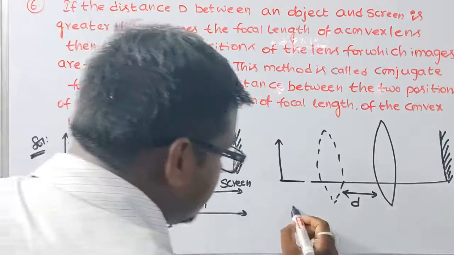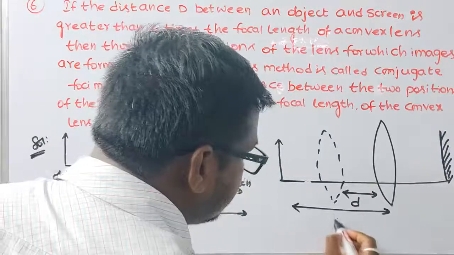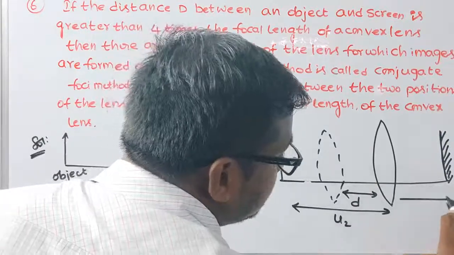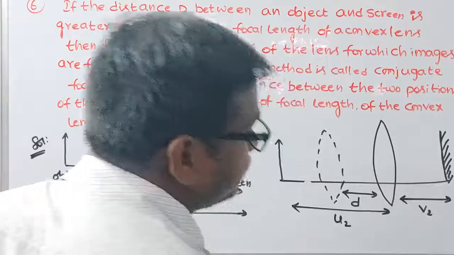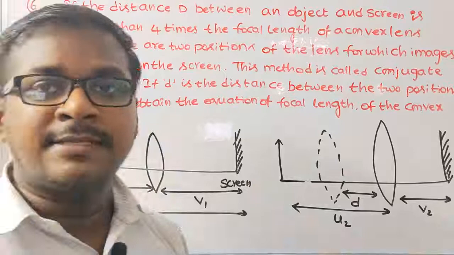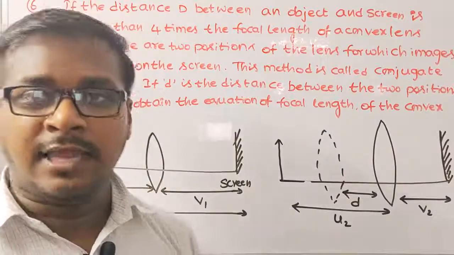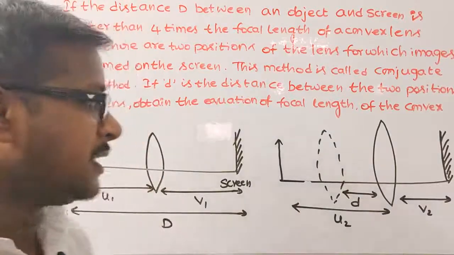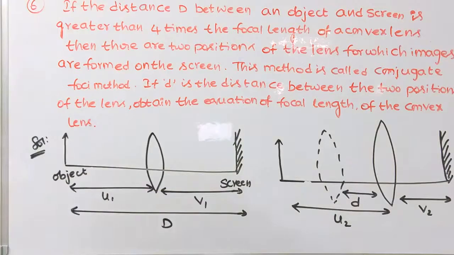In the second position, the object distance is u2 and this distance is v2. The v2 is the distance between the optical center and the screen or image point, that is the image distance. This is u2, the second object distance.